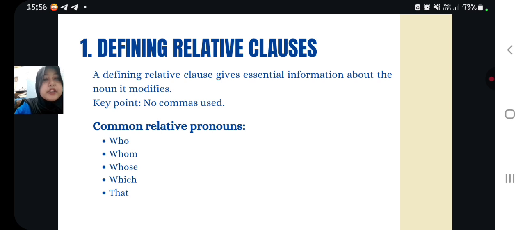This information is necessary to identify exactly which person or thing we are talking about. Without this clause, the meaning of the sentence would be incomplete or unclear. Common relative pronouns for defining relative clauses are who, whom, whose, which, and that.